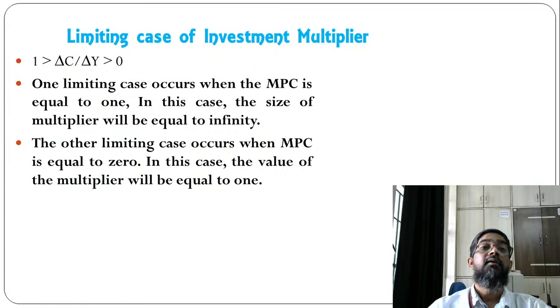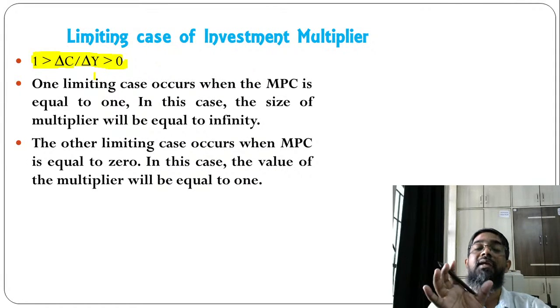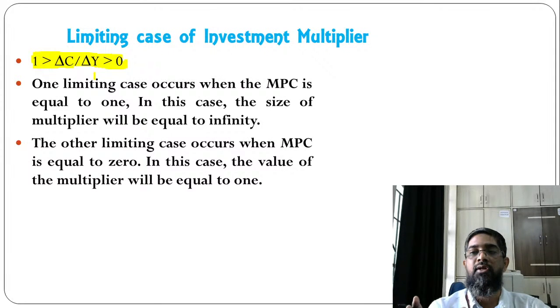Okay, fine. Now limiting case means the value of your MPC ranges from 1 to 0. The value of MPC, that is delta C upon delta Y, can be 1 or it can be 0, it can be within this range only.